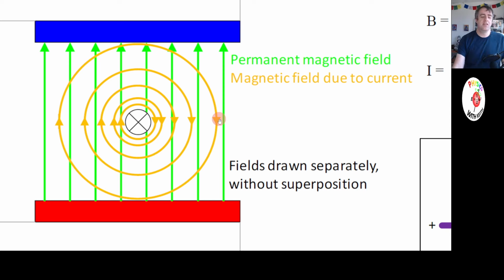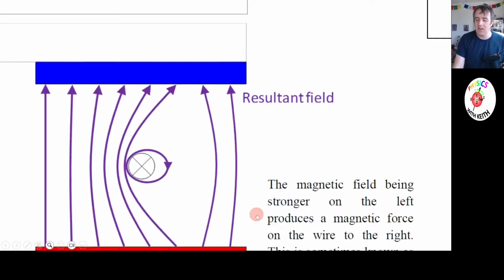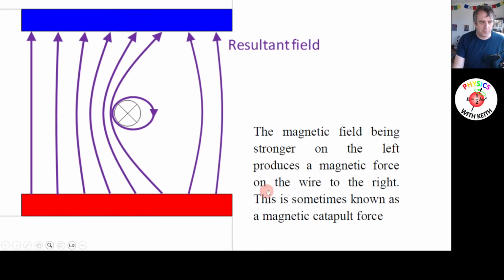So if I were to very carefully calculate, for every point in this space, what the resultant magnetic field was, it would look something like this. This is just a doodle, but we've got the cancellation here, we've got the field when it's closest to the wire doing that, and so on.